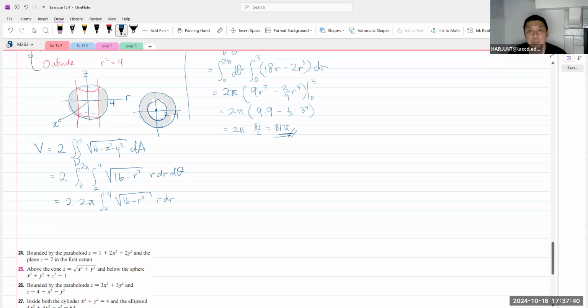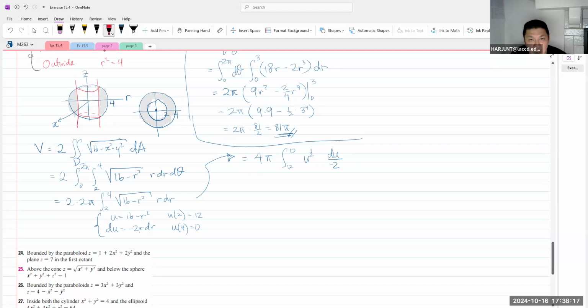Now I will do substitution. u equals 16 minus r squared. So du equals negative 2r dr. u at 2 is 12. u at 4 is 0. So the integral now becomes 4 pi integral from 12 to 0 of u to the power of 1/2, du over negative 2.